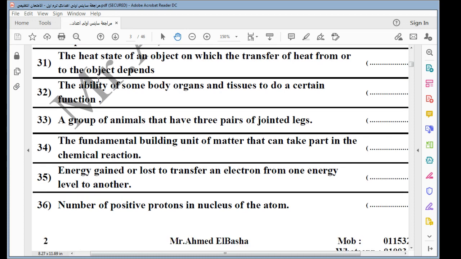Number 31. The state of an object on which the transfer of heat from the object depends. Of course, this is temperature. Number 32. The ability of some body organs and tissues to do a certain function.